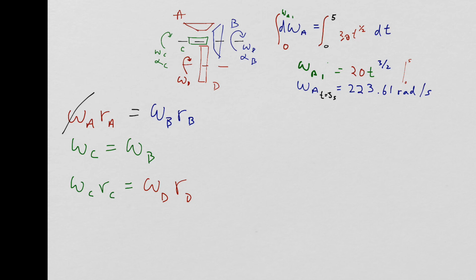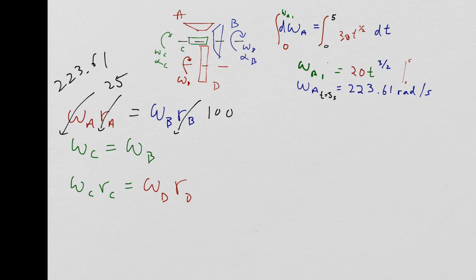So from here, we know that that will be 223.61. That's our calculation. And RA from the question, that will be 25. And then omega B, we definitely don't know, but RB, yes, we know that RB will be 100. That will be all from the question.